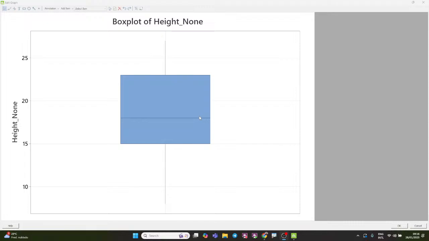The closer the median is to the very center of this box, looking at this box vertically, and the more similar these lines here are, the higher the chance that your data behaves according to a normal probability distribution.